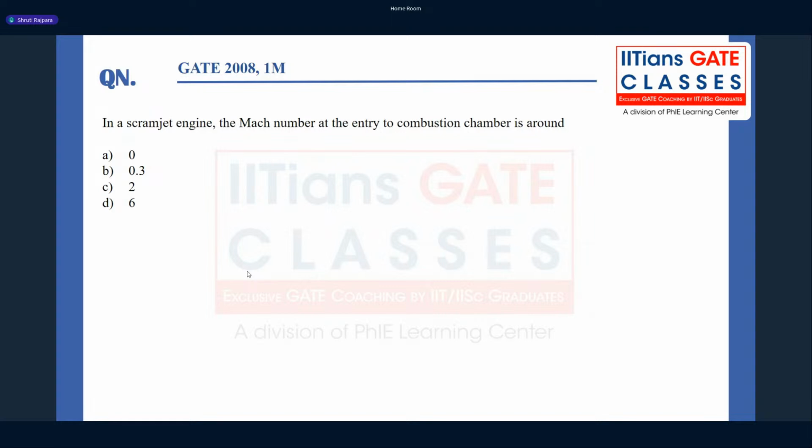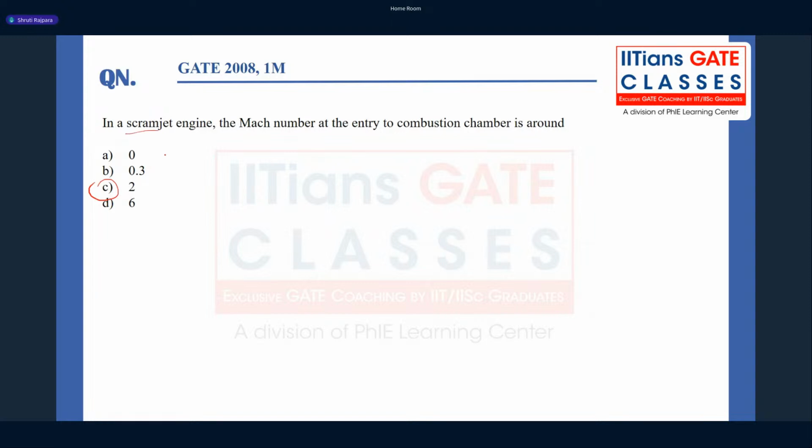Johit, can you also specify the reason why it is so? So C is the correct answer, but the explanation could be given like this.